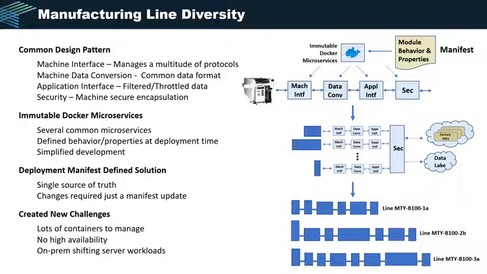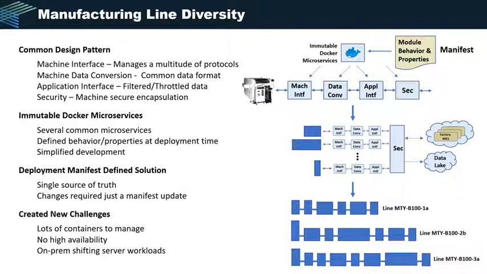So once we had this common data model with the immutable Docker containers and the behaviors set at deployment time, we were able to build a deployment where for each line we could define the containers needed for each of the various machines, set the behavior for those modules at deployment time, and then push that data to the various factory applications or to the corporate data lake where some of the other applications could access it.